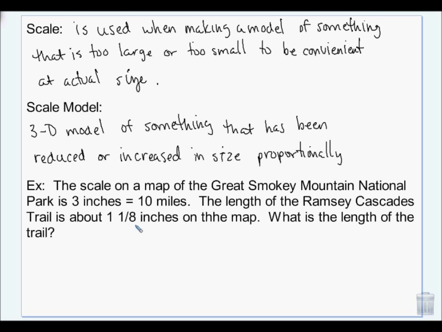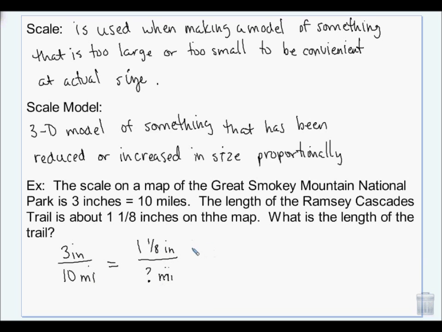And we want to know how long the trail is. So you could put 3 inches over 10 miles, or 10 miles over 3 inches, that doesn't matter, just so long as you put the same proportion. So I want inches over miles, inches over miles.